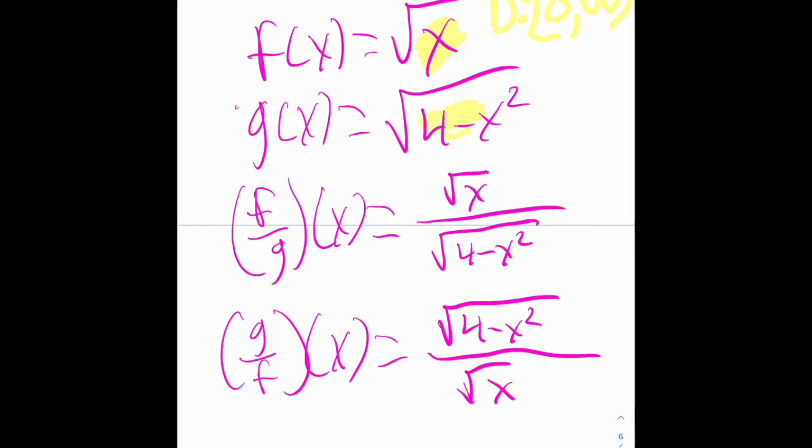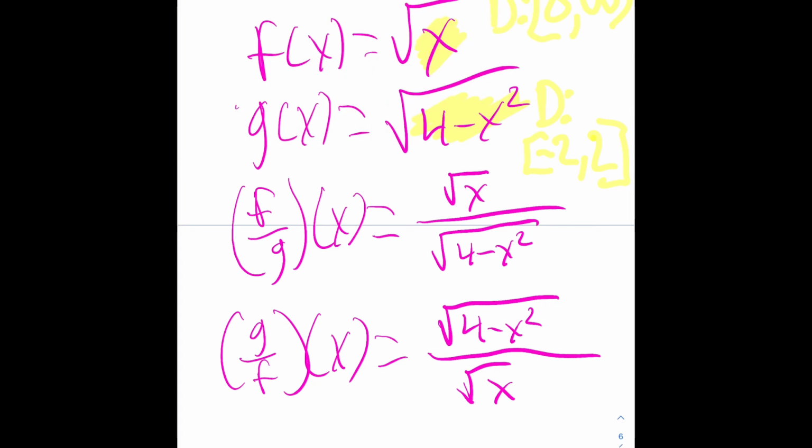This one's a little trickier because again, I've got 4 subtract x squared. So if I think about that, if x squared is larger than 4, I'm going to get a negative number, and I can't have a negative number. So what I need to do is say, 2 squared is 4. Negative 2 squared is 4. So any number that's between negative 2 and positive 2 will work.